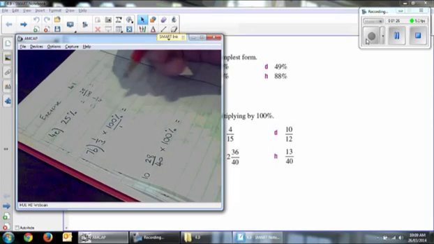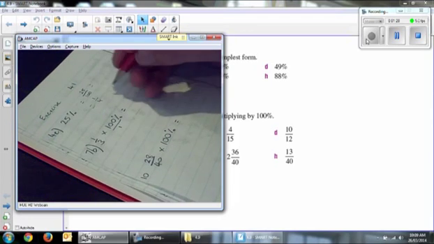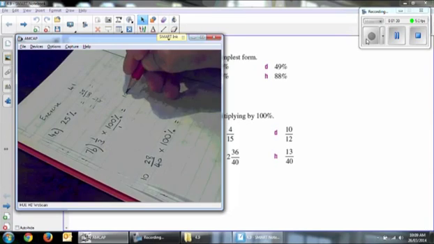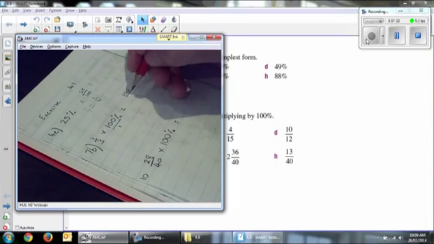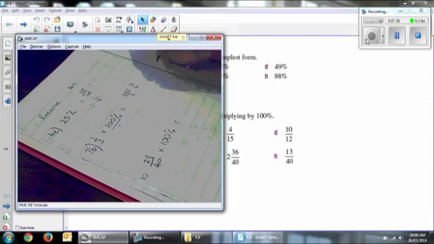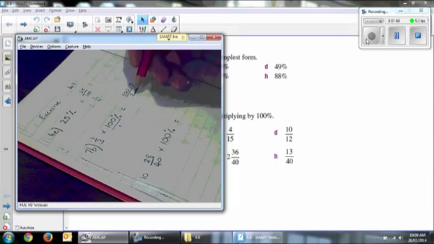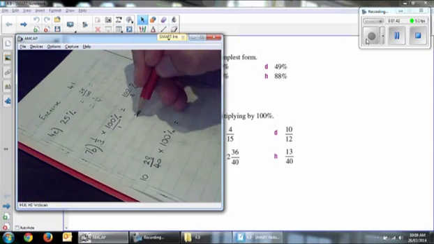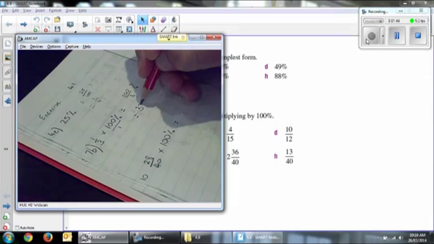So 1 times 100 is 100, and 3 times 1 is 3. It's really important that you put your percentage sign next to the fraction here, like this. Then you need to find out how many times 3 goes into 100, which is 33 times.